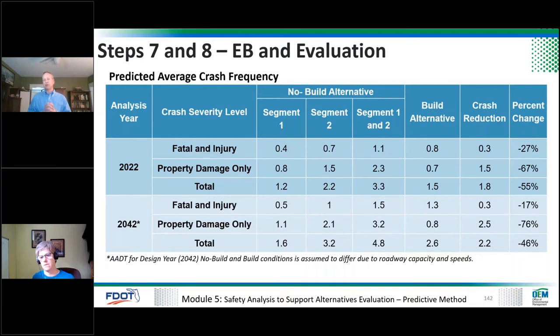Maybe it's 25 to 30% for fatal injury and 65 to 70. You can put some rounding and some ranges on these numbers to show that they're good numbers, based on the best information we have, but they are not that exact.